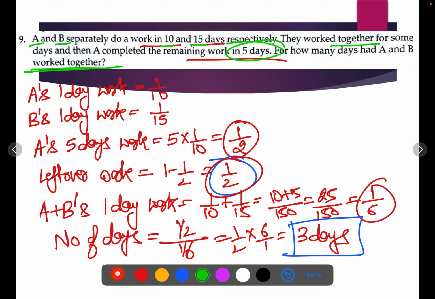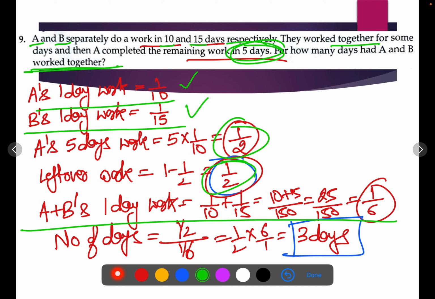So here I found the 1 day work for A, 1 day work for B. A worked for 5 days. So how much work did A do in 5 days? A did half the work in 5 days. What is left now? Half of the work is left, which both of them work together. Now if I know the 1 day work, I can find out the together 1 day work. So the number of days will be work to be done upon 1 day work, and that gives me 3 as an answer. I hope the question is clear to you.